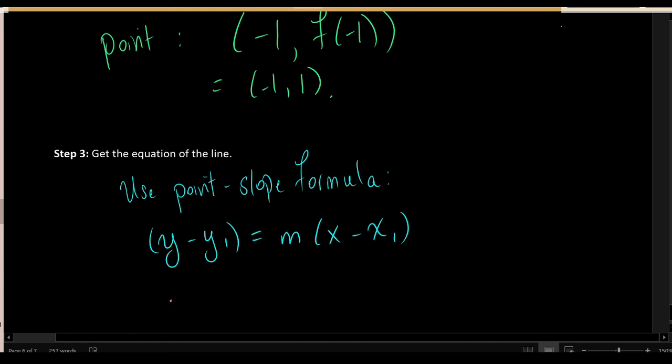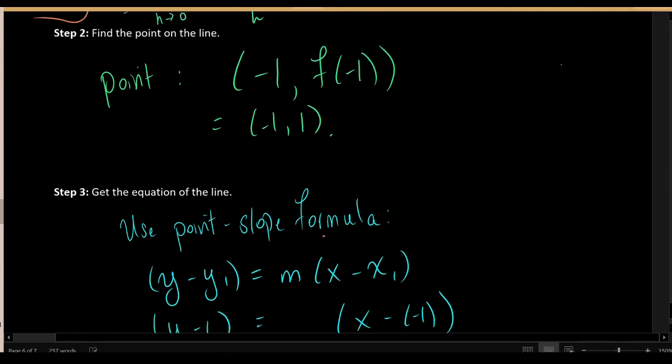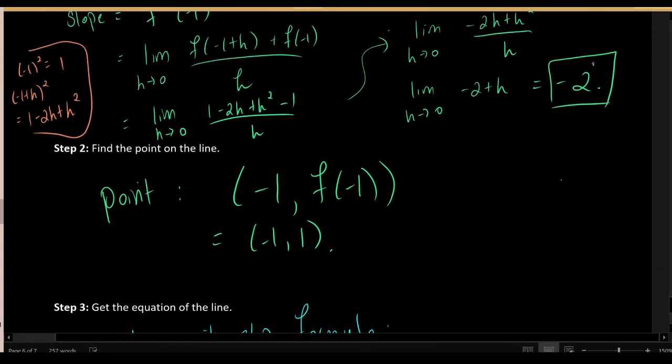So in our case, our point has x equals -1. Our point has y equals +1. And we found that the slope of the line was -2.